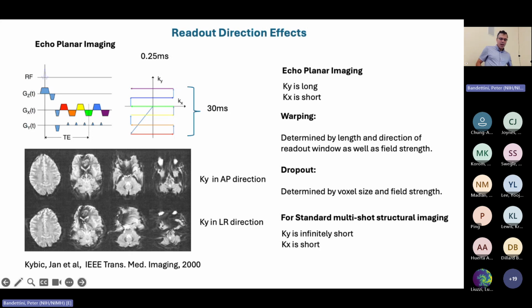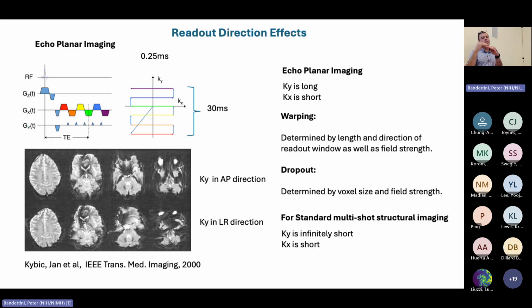The reason people always like to compare to structural images instead of echoplanar images, saying we compared it to the structural image and that somehow looks perfect: why does that look perfect? Because if it's multi-shot, if you collect one line of K-space at a time, then the time it takes to traverse from bottom to top of K-space is essentially infinitely short, because there is no time allowed to accrue between one line and the next.